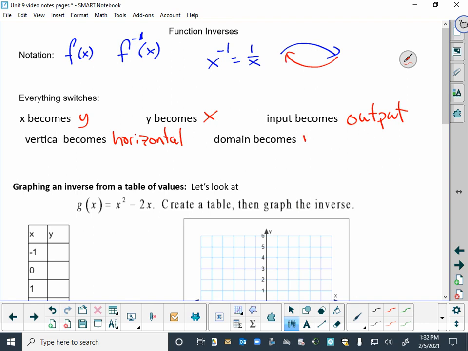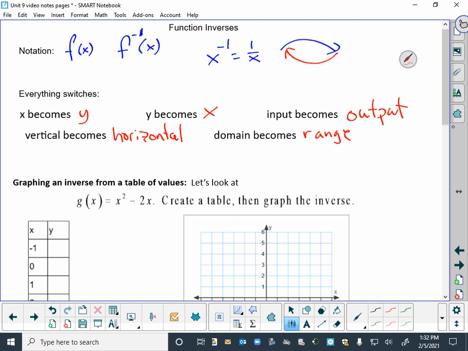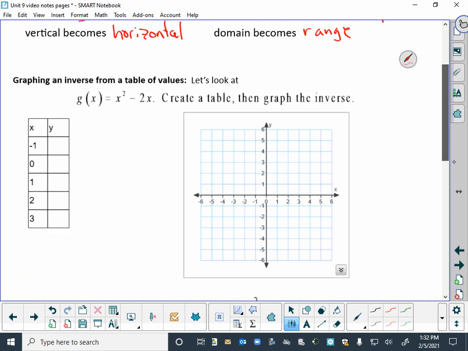Domain becomes range because domain was about inputs and range is about outputs. Outputs become inputs. Horizontal becomes vertical. All of these things switch, and we need to understand that in the context, and that can be super informative, and we'll see one way that that can be helpful here to begin with.